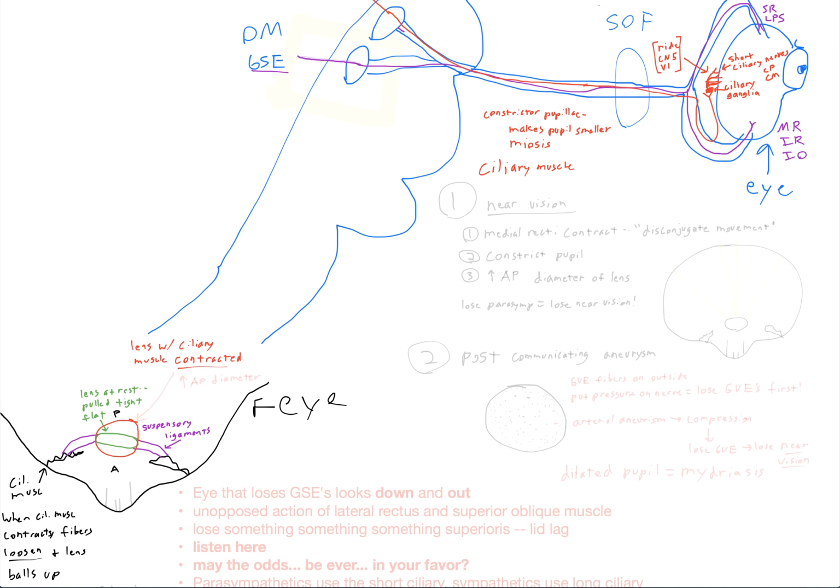Does that make sense to everybody? So when the ciliary muscle contracts, the AP diameter of the lens increases. That's what that means when you read that. Does that make sense to everybody? Okay, good. So parasympathetic fibers are responsible for increasing the AP diameter of the lens.